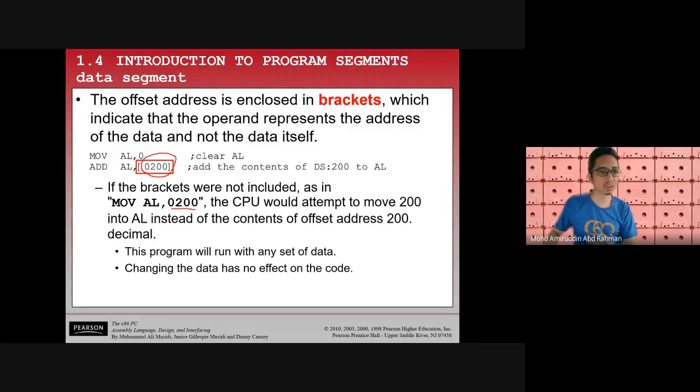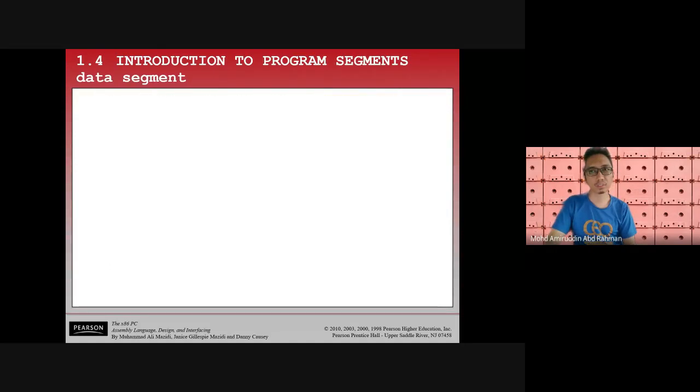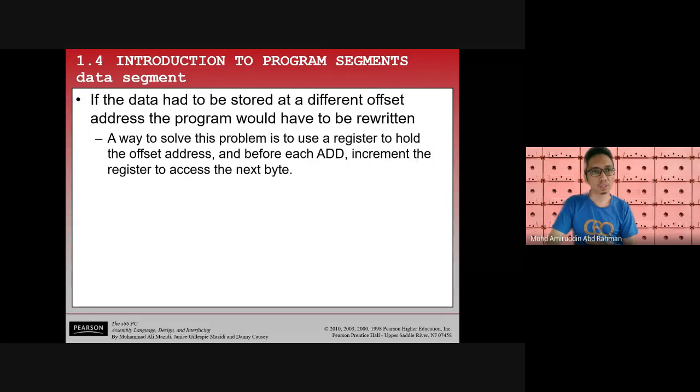The program will run with any set of data. Changing the data has no effect on the code. But if the data had to be stored at a different offset address, the program would have to be rewritten. A way to solve this problem is to use a register to hold the offset address and, before each add, increment the register to access the next byte.